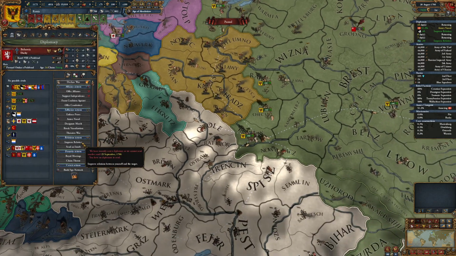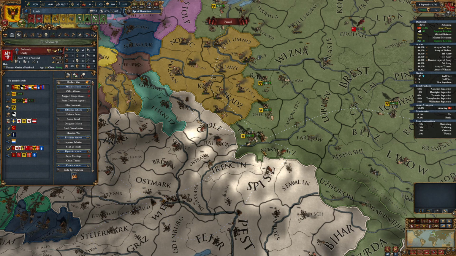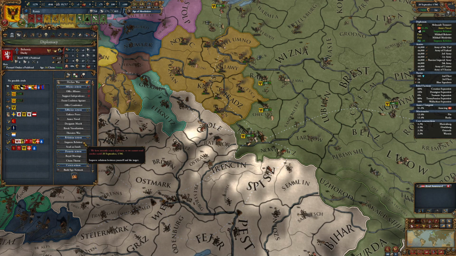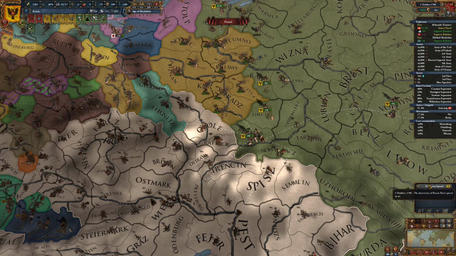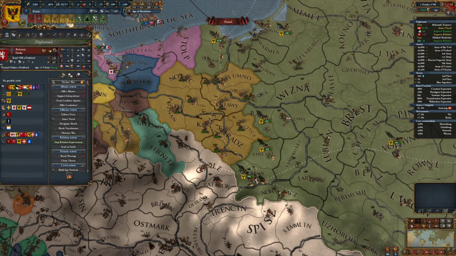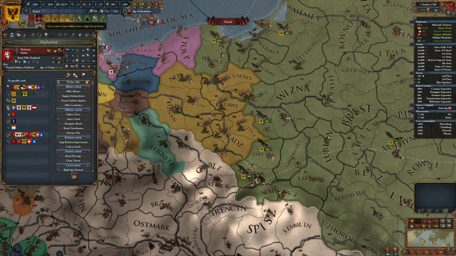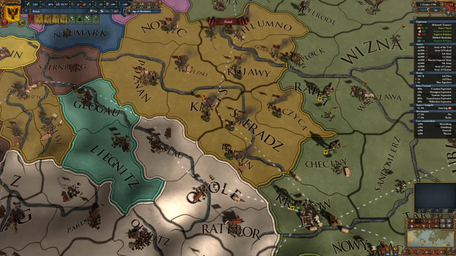So what I'm going to do is just prep a bit before we actually end, making sure I have improved relations done on him. I'm actually going to placate rulers a bit.